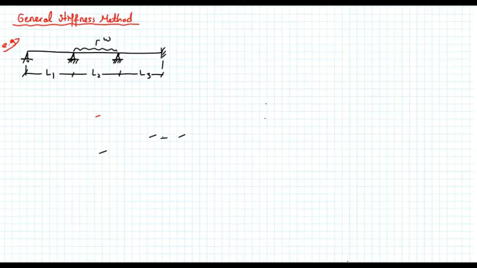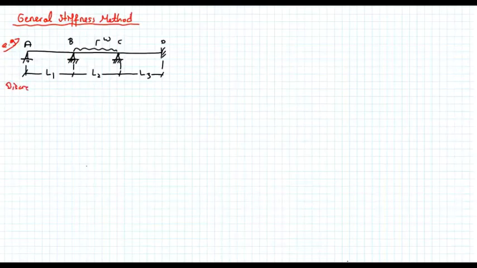So let's put some labels. This is point A, point B, point C, and point D. Now, our starting point is, as always, discretization.